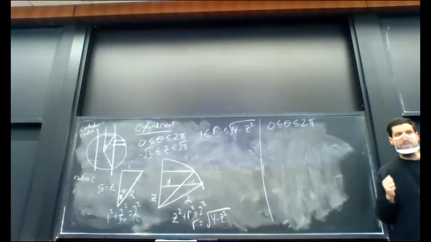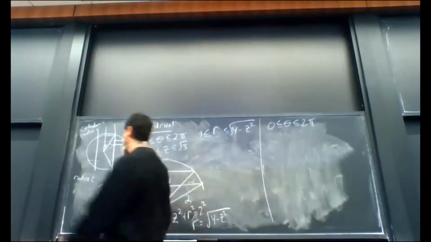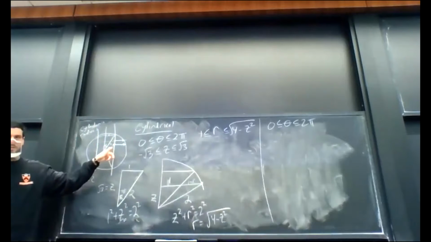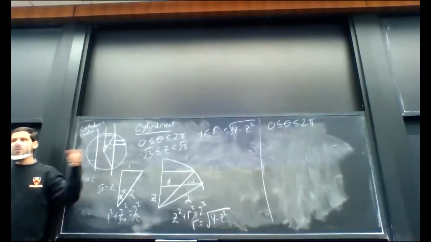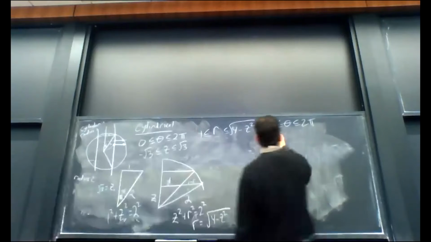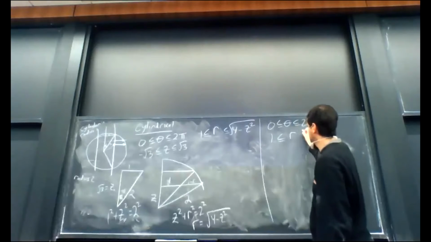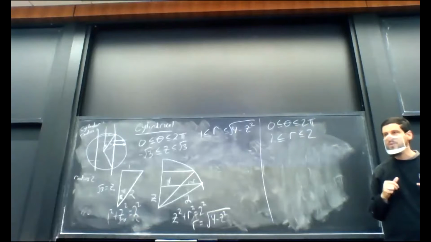We could specify r first. Well, if we specify r first, it's actually a little bit easier. The smallest value of r is 1, and the largest value is 2. And then depending on what value of r you have, different possibilities for z. You would have 1 less than or equal to r less than or equal to 2. And now what would z be?